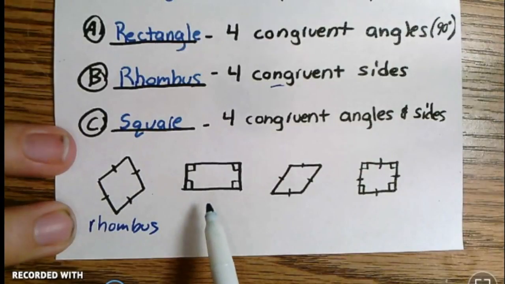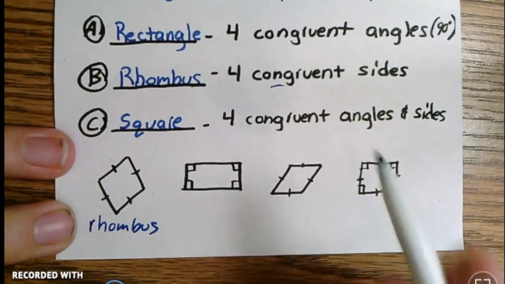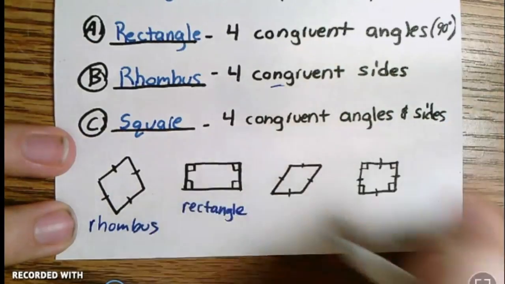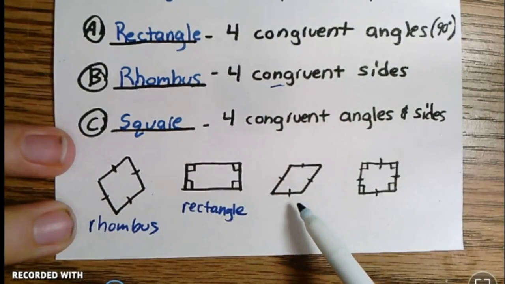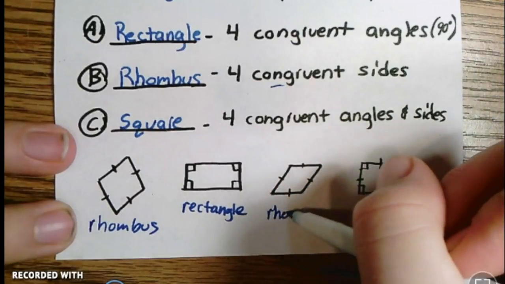What about this figure? Does this have four congruent sides? No, but it does have four congruent angles, so we call that a rectangle. What about this one? Does this have four congruent sides? Yeah. Does it have four congruent angles? Nope, so this one is called a rhombus.